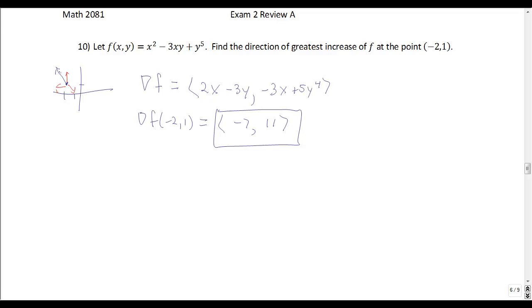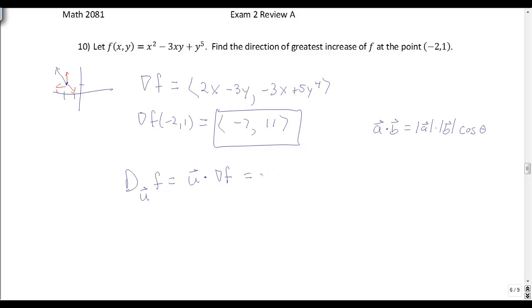Why does that work? Well, the directional derivative in a direction u of f is u dotted with the gradient of f. And when you have a dot product of two vectors, there's a general formula: a dot b is magnitude a times magnitude b times cosine of the angle between them. In terms of our directional derivative, we want to find the u that makes this directional derivative as big as possible.